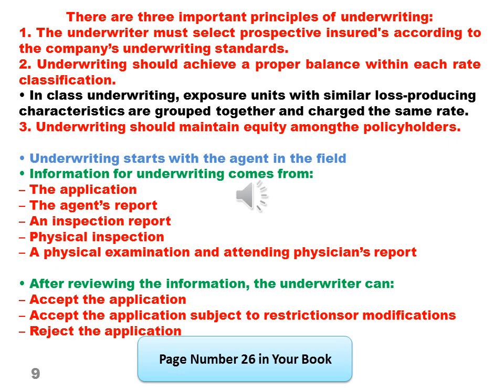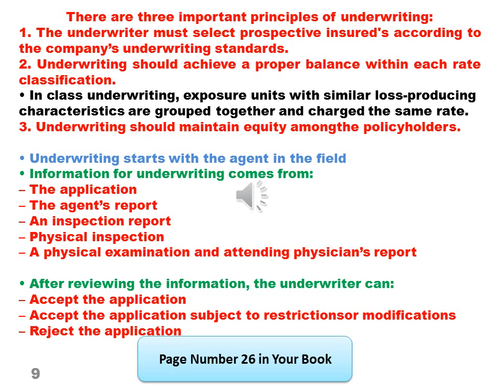Now, there are three important principles of underwriting. After we explained the meaning of underwriting, why we need underwriting, and the responsibility of underwriting, we now choose the three important principles for underwriting. The underwriter must select prospective insureds according to the company's underwriting standards.